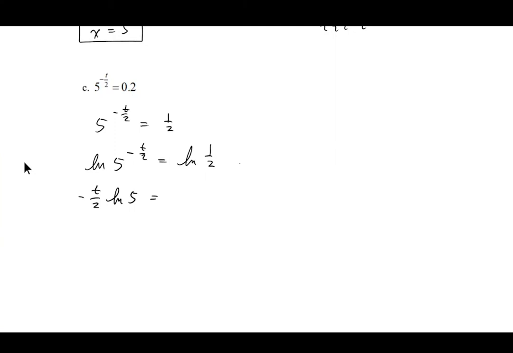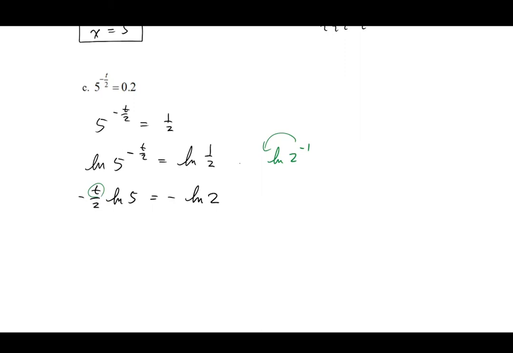By the way, did you notice this is the same as negative ln 2? It's okay if you don't do it this way, but this is the same as ln 2 to the -1, and you can bring that to the front. Now we want this t.